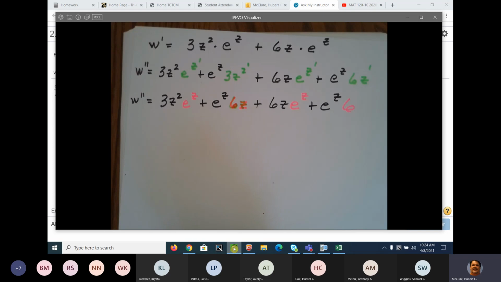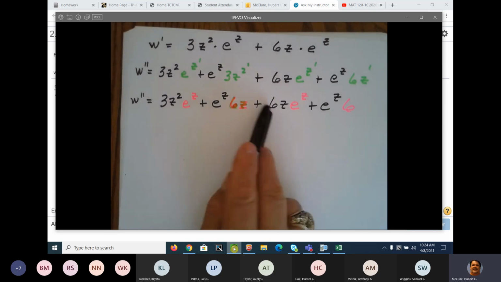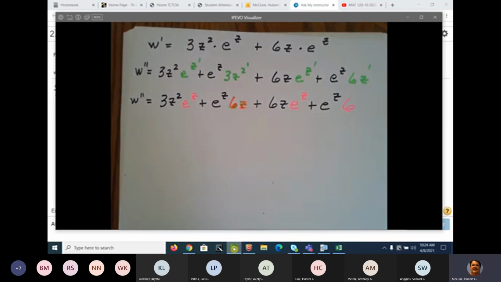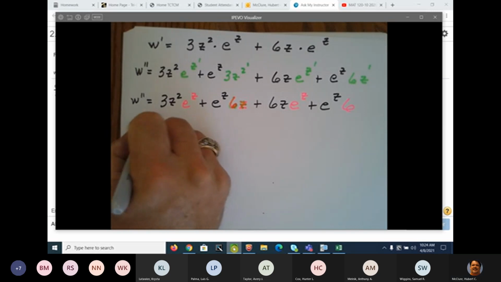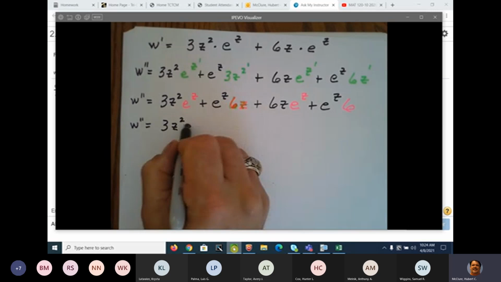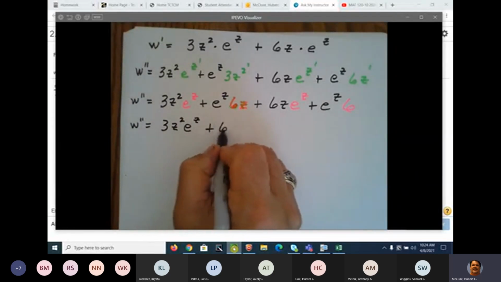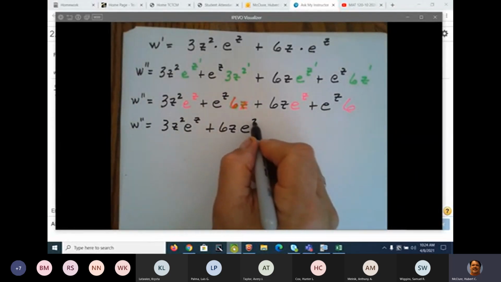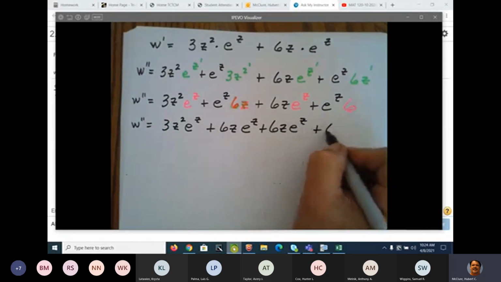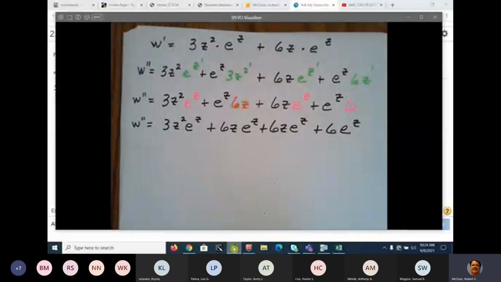Let's see. I'm looking to see. It looks like to me there's a couple of places where I believe you can add these two together. So I'm going to put them in order. 3z squared e to the z plus 6z e to the z plus 6z e to the z plus 6e to the z.